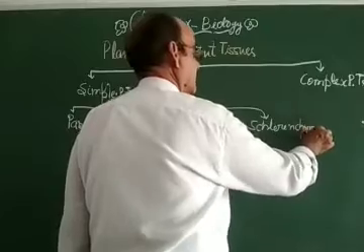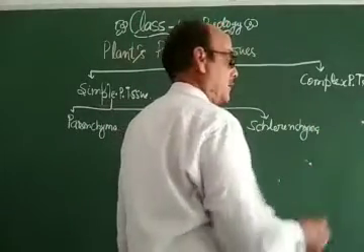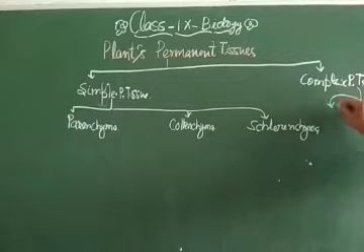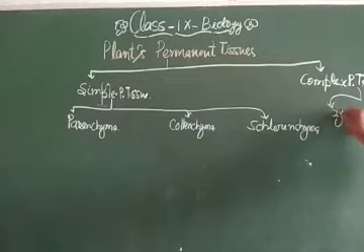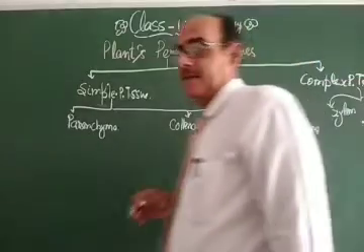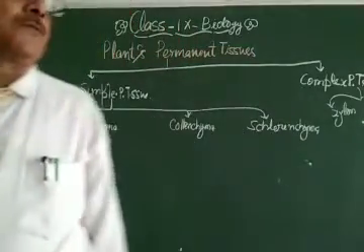And the complex permanent tissue is of two types, which we will discuss in the next video, that is xylem and phloem. These xylem and phloem are another kind of permanent tissues.